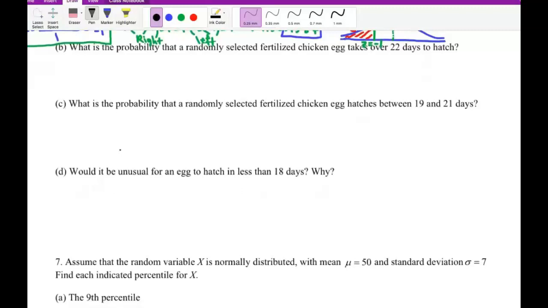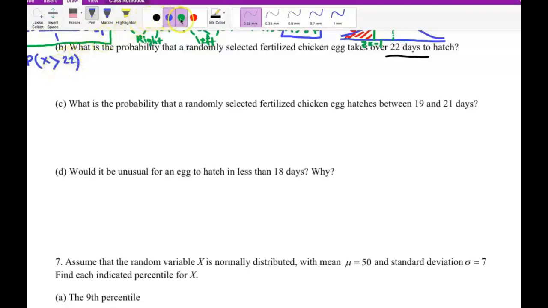Okay, part B. What is the probability that a randomly selected egg takes over 22 days? Okay, so our probability on X is greater than, because we have over 22, so greater than 22.